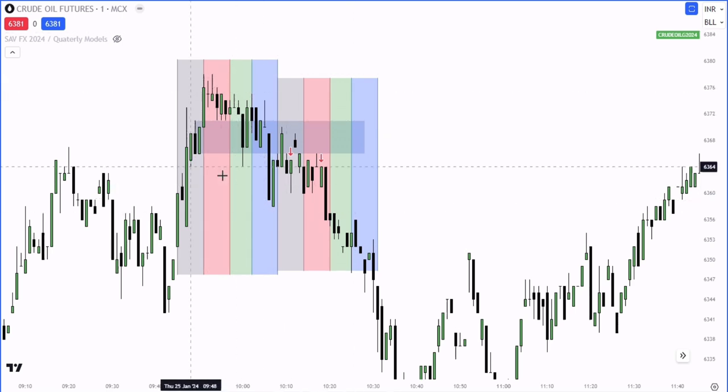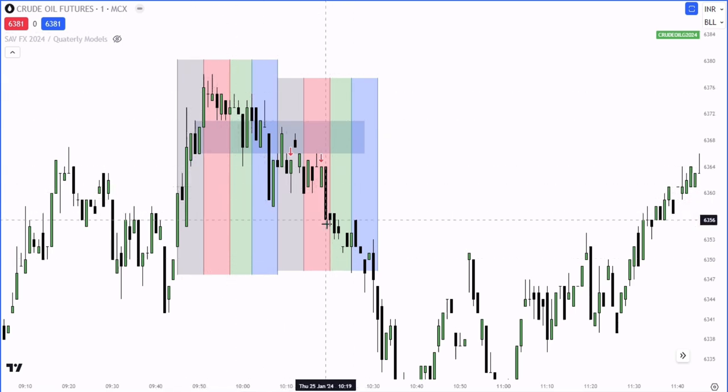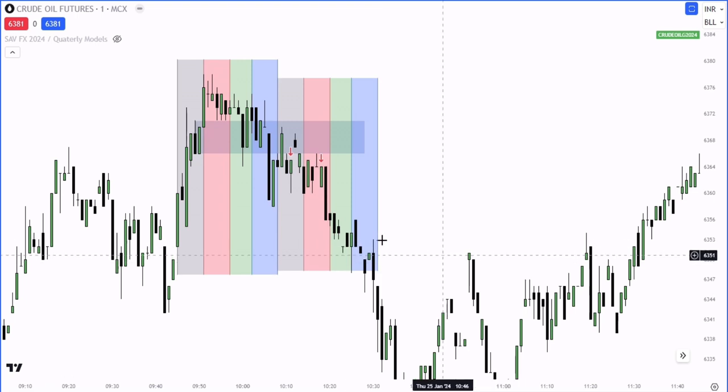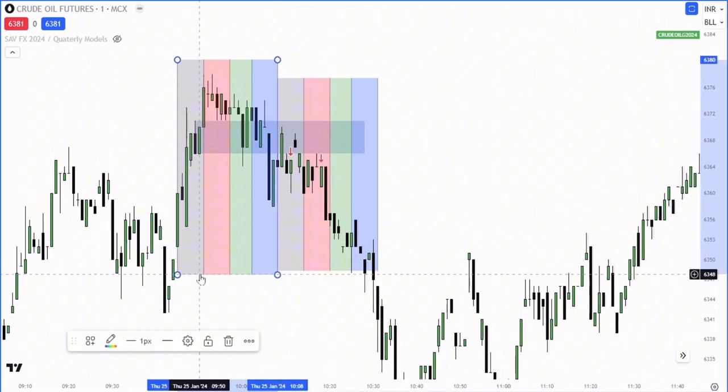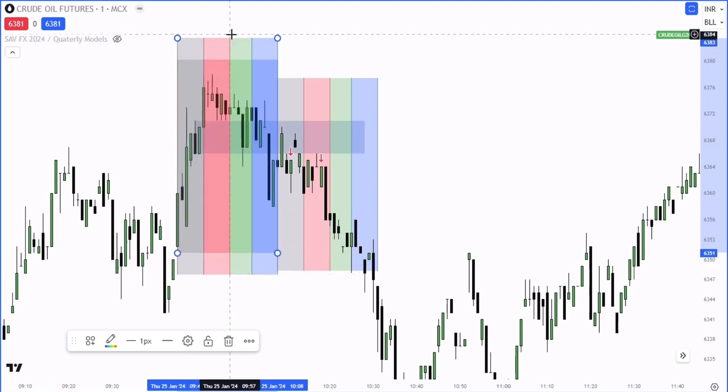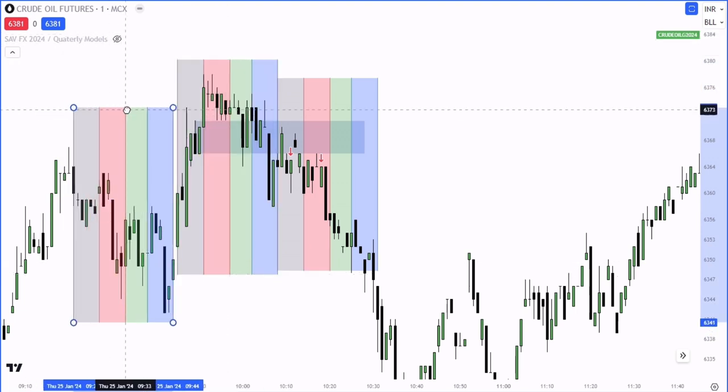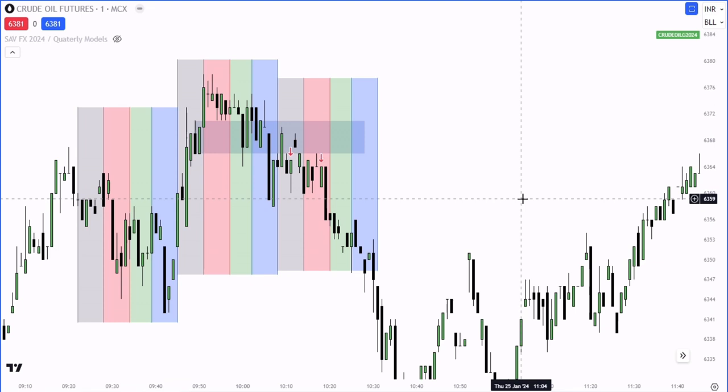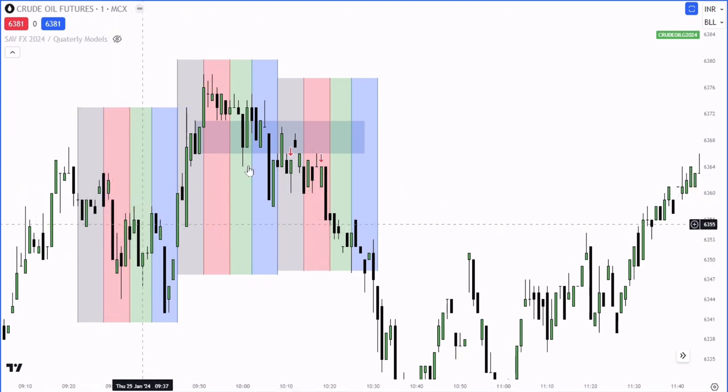But if we have no PD arrays within this range and I want to scale in within this range right here, and I know this is probably not the best example with all these gaps, but it becomes very, very easy to see when you initially understand the logic. If I can drag this like this, I can use PD arrays within this range to get trades within this range.